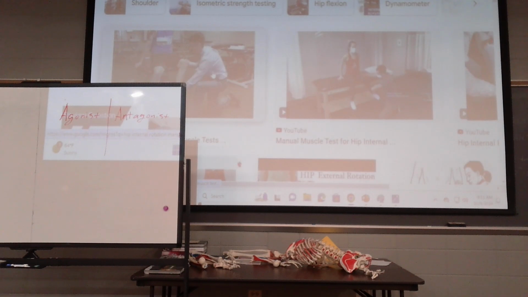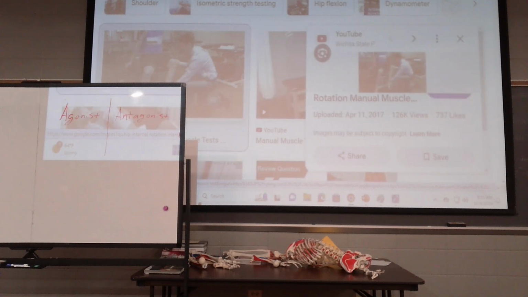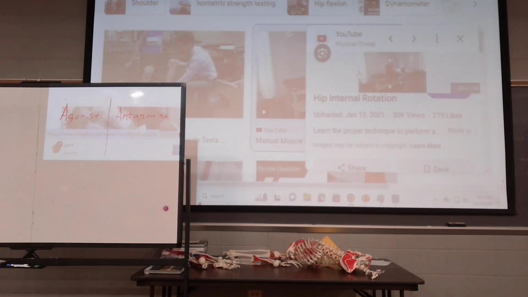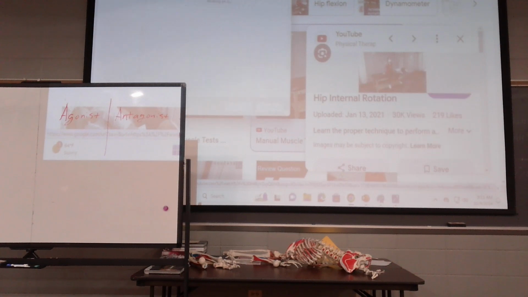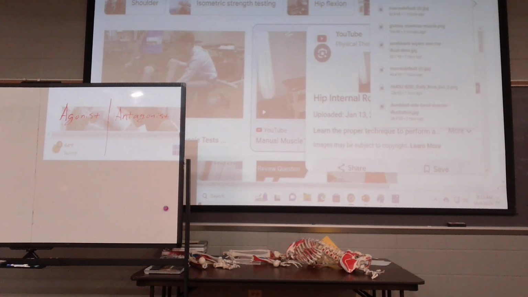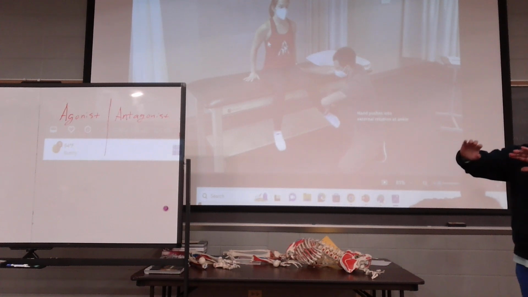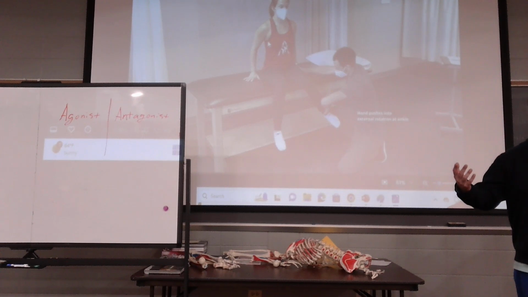Look at something like this. The key thing is looking at how the hand is pushing. So we're going to assume that he's pushing on that lower leg. Bones only push.